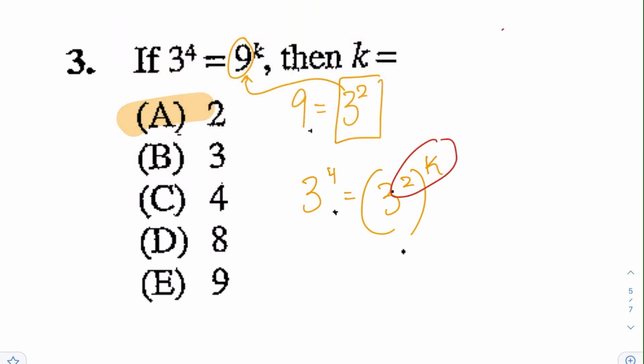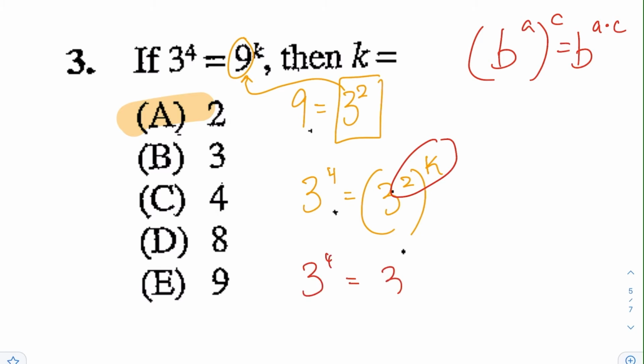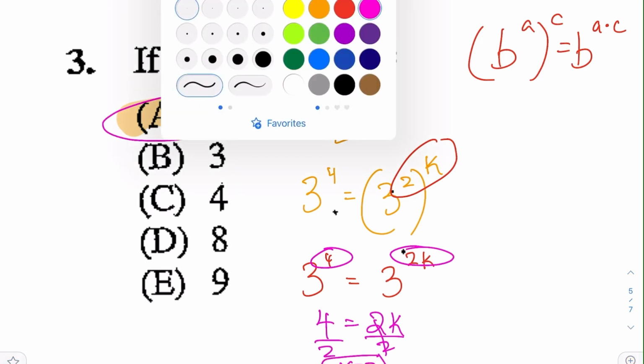And here, this is the law of exponents: b to the a to the c power is b to the a times c. You do power to power, and then multiply the exponents. So that means that 3 to the 4th will be equal to 3 to the 2k. And here, the exponents 4 and 2k must be equal then. So if 4 is equal to 2k, you divide by 2, you get that k is equal to 2. That's choice A.